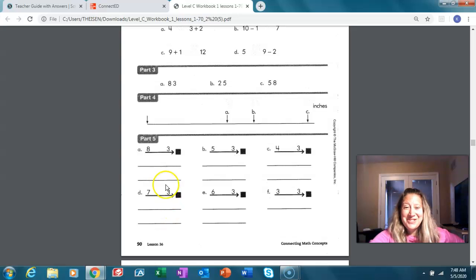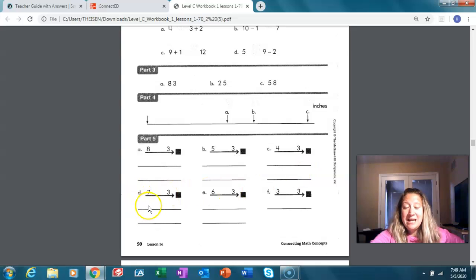All right, so let's check your work now. Let's start with A. What did you write? 11 minus 3 equals 8, and 11 minus 8 equals 3. B. 8 minus 3 equals 5, and 8 minus 5 equals 3. C. 7 minus 3 equals 4, and 7 minus 4 equals 3.